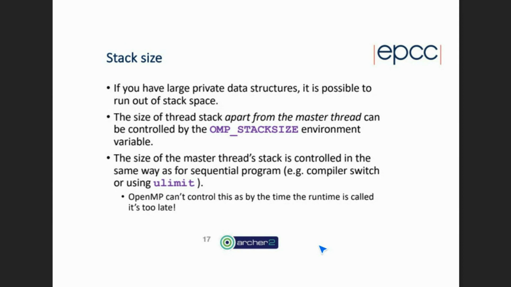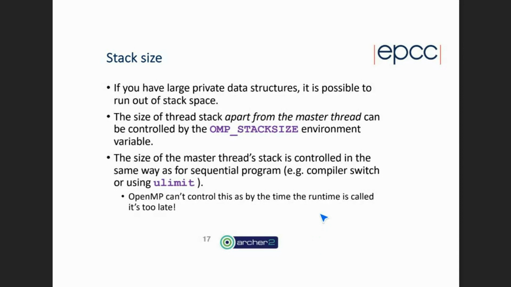That could be a compiler switch, or it could be a Unix command like ulimit to set the stack size for subsequently spawned processes. The reason this is messy is that for the master thread, there's no way OpenMP can control that.